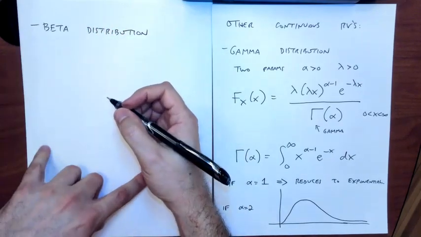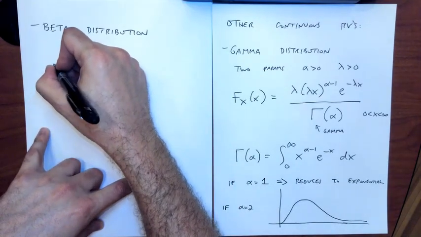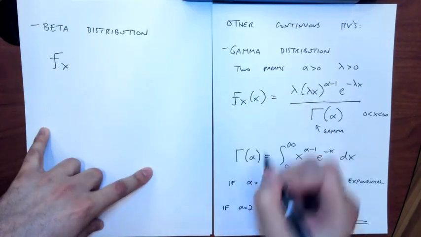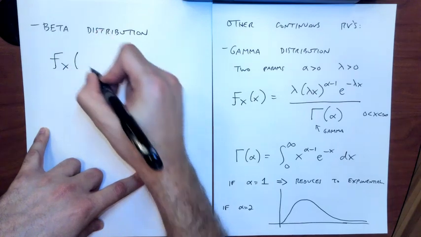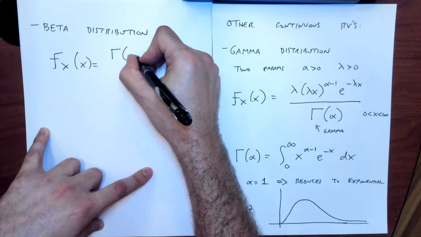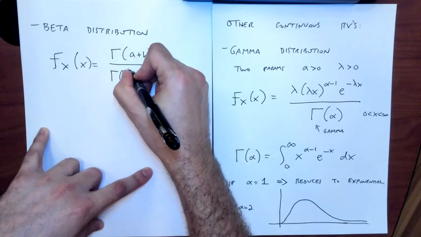So the beta distribution, I defined this weird integral, and I can use it again over here. This is a curly f, f with a tail. So here I've got this gamma of some values.